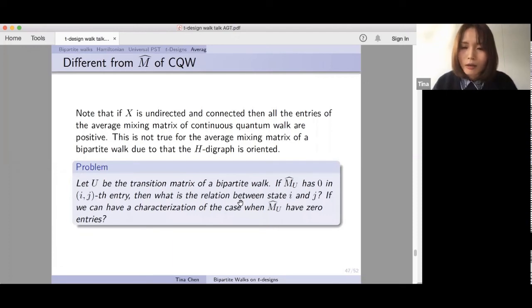I think that is because the H-digraph is oriented, but I cannot exactly figure out under what circumstances we will have zero entries in the average mixing matrix of a bipartite walk. And if there is a zero entry, say at the ij entry, then what is the relation between those two states?